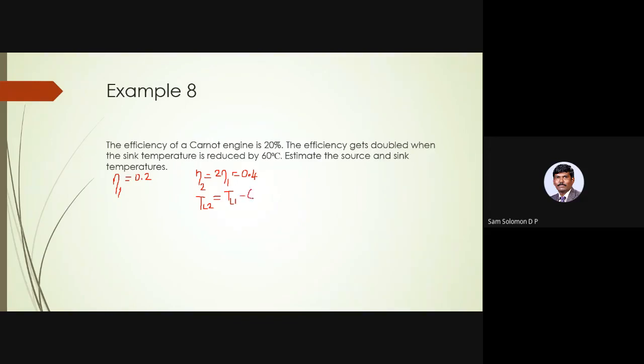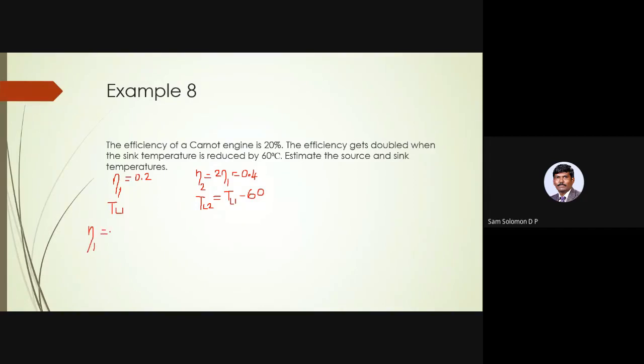The first engine had an initial sink temperature TL1. Now the second engine has a sink temperature lesser than the first sink temperature by 60 degrees centigrade. So TL2 is TL1 minus 60. So we have to estimate the source and sink temperatures. So it is very simple.